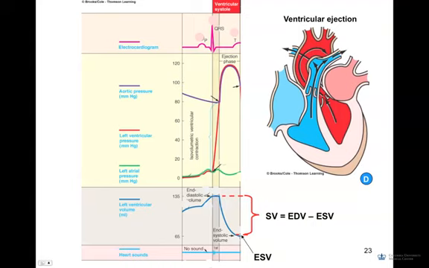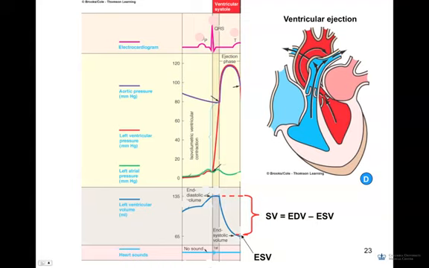Now, what happens once the ventricles build up enough pressure to exceed the resting pressure in the aorta? Well, the aortic valve opens, and that's what this arrow is pointing to right here.